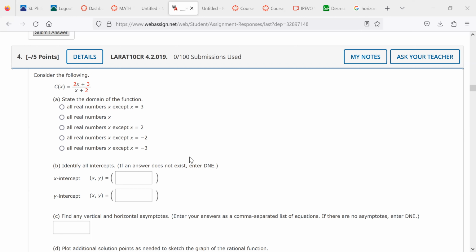This guy has a horizontal asymptote where though? Number 4. Remember, it's the numbers on the x. I think doing the asymptotes first kind of helps.